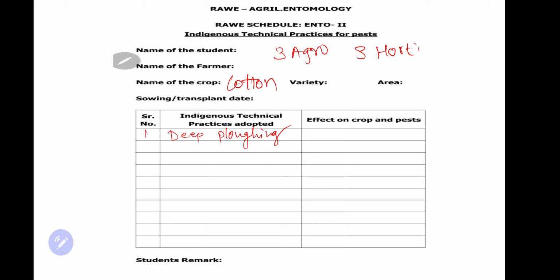You can mention the effect on crop and pest, mention the pests and what happened.